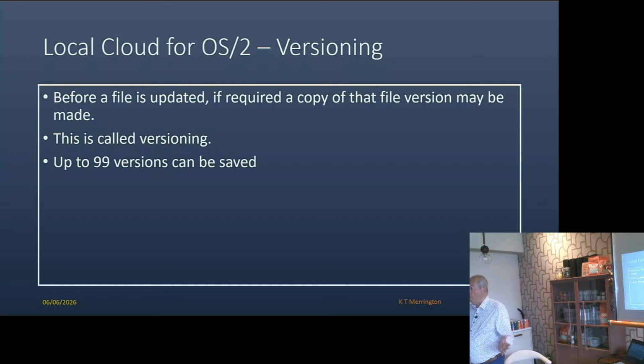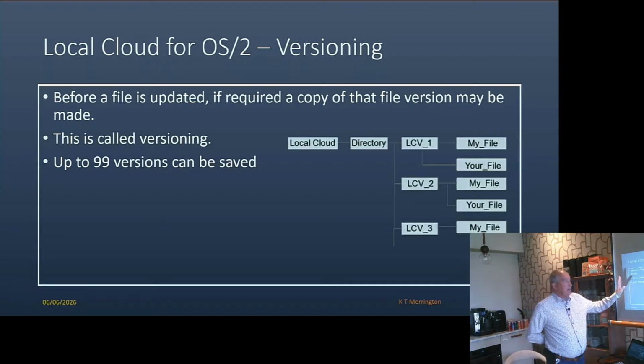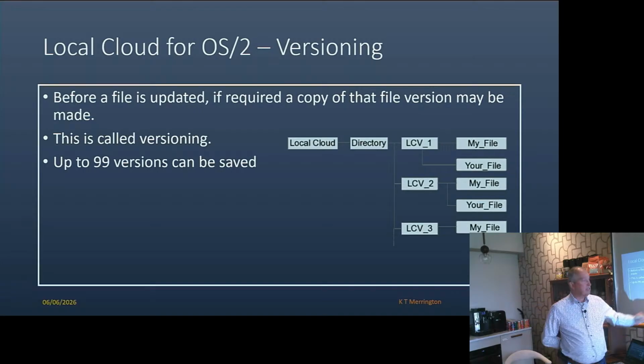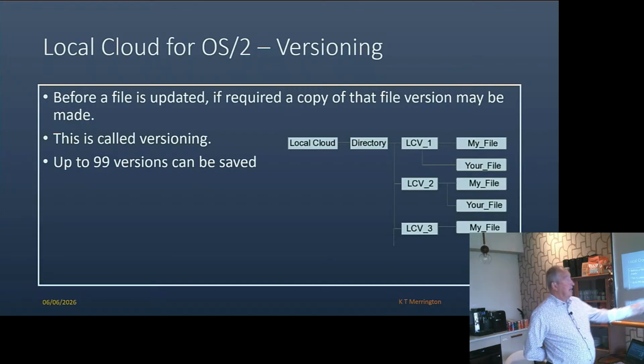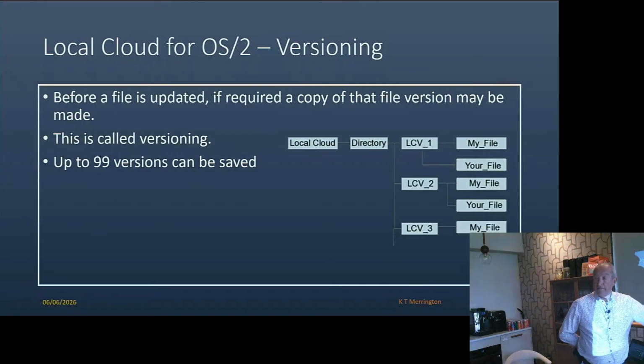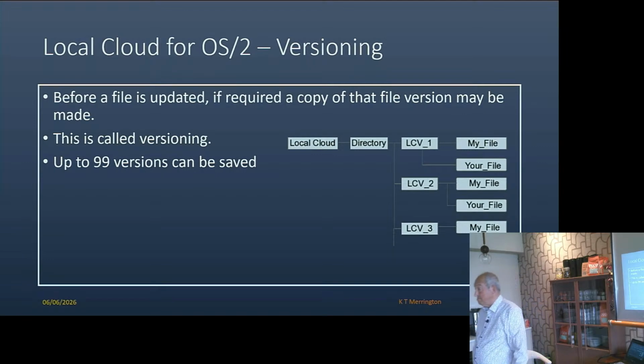The only problem is, the more versions you have, the more copies you have of the same file, the more disk space you are using. It works in your local cloud. You have a directory, and for each directory you have a version directory. And then in the version directory are the various copies of the file. It's just a duplication of the files.